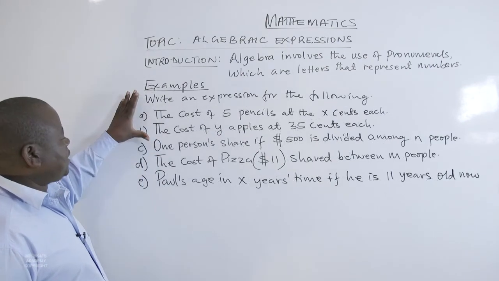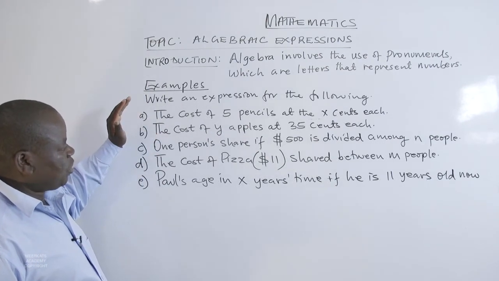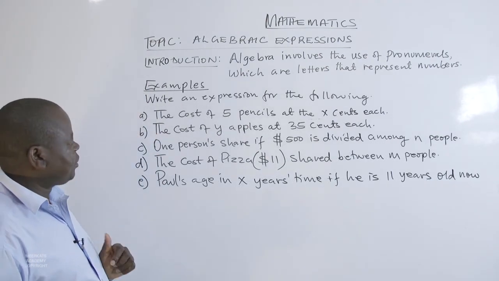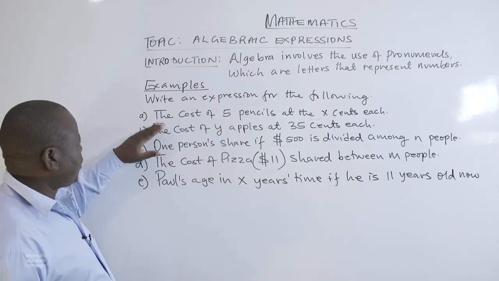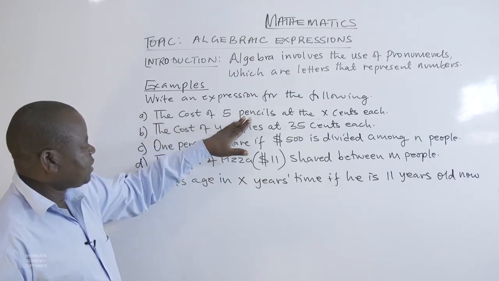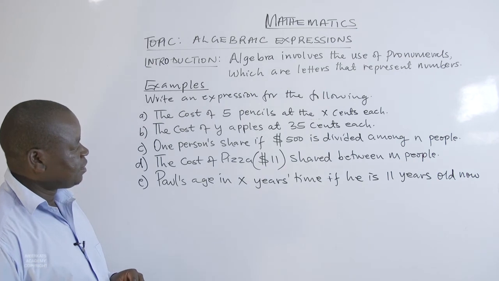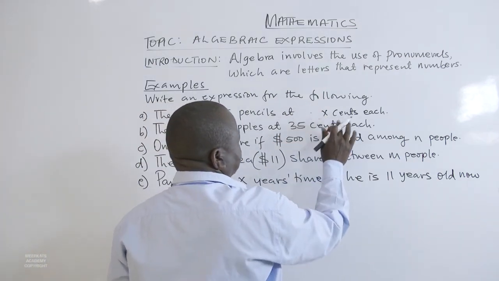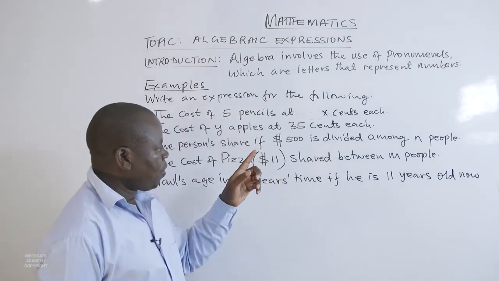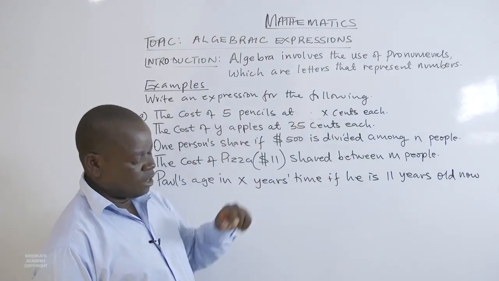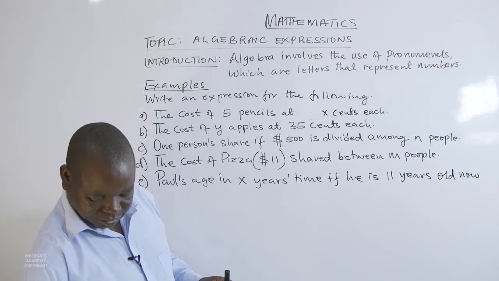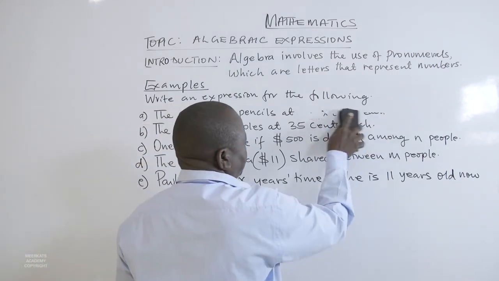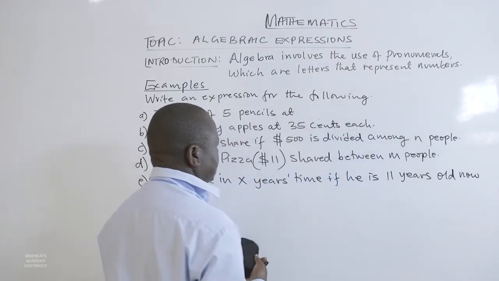That is how we simplify the statement. So class, let's look at examples on what we have been discussing this morning. The first one is the cost of 5 pencils at X cents each.